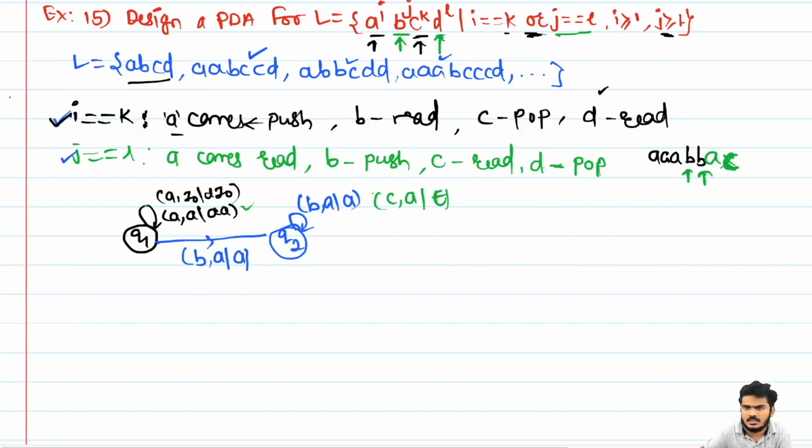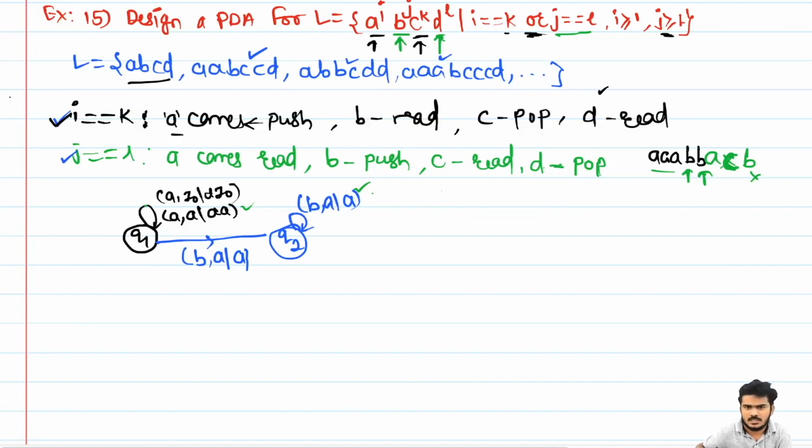So next I am getting a only, because I have pushed three a's, and after c, if I get b, then this string is also allowed by using this operation. So that's why for this transition also I am changing the state.